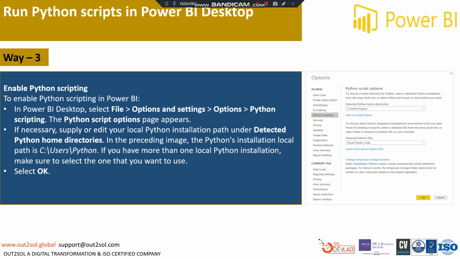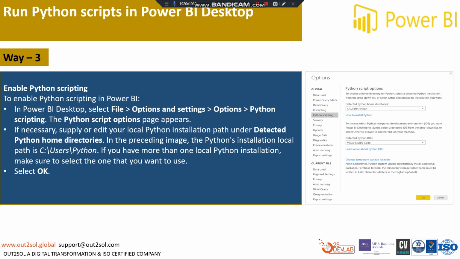The third way is Python scripting in Power BI Desktop. This is how you can enable Python scripting in Power BI Desktop. Similarly, move towards the Power BI Desktop File, select File, go into Options and settings, then find the option and enable Python scripting. The Python scripting page appears like this, as shown in the image.